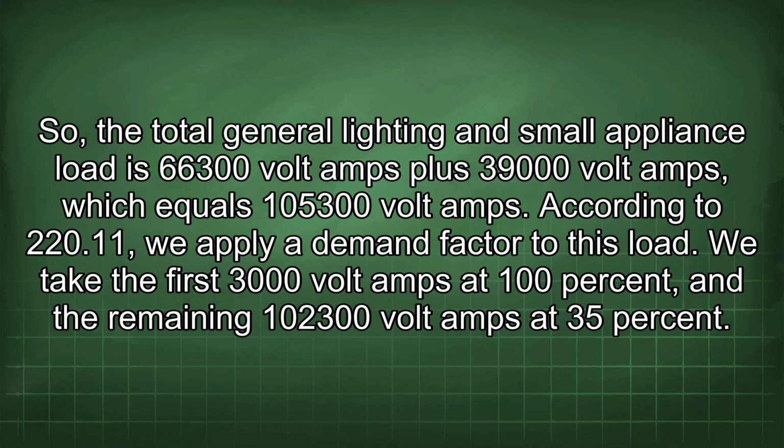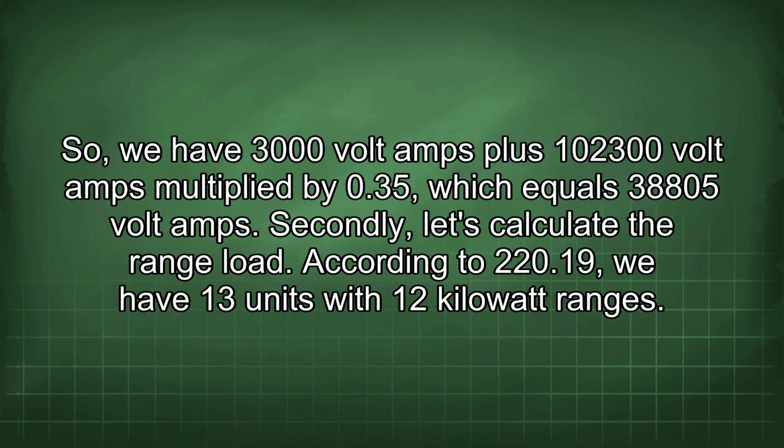We take the first 3,000 volt amps at 100% and the remaining 102,300 volt amps at 35%. So, we have 3,000 volt amps plus 102,300 volt amps multiplied by 0.35, which equals 38,805 volt amps.